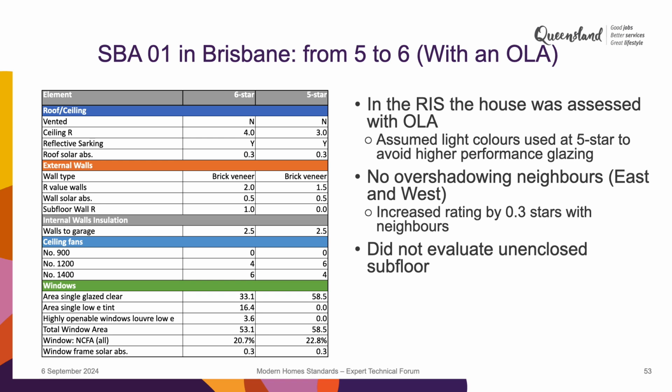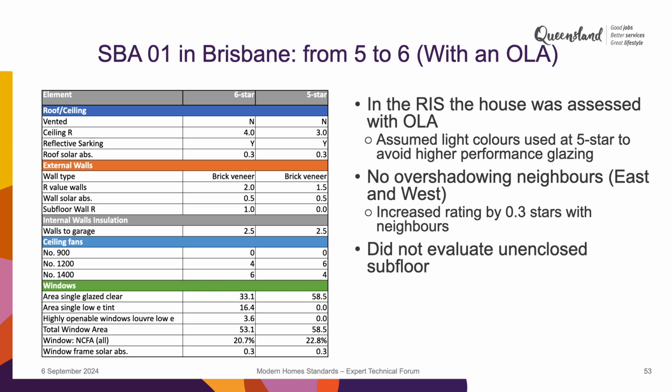Interestingly, when I put neighbours on, assuming a fairly dense subdivision, the rating improved by 0.3 stars because there's a lot more cooling in Brisbane than there used to be. And I didn't look at those elevated houses for this particular one. That's still something where, yes, there may be issues, and I'm happy to talk to people afterwards about those and what sort of solutions there may be.